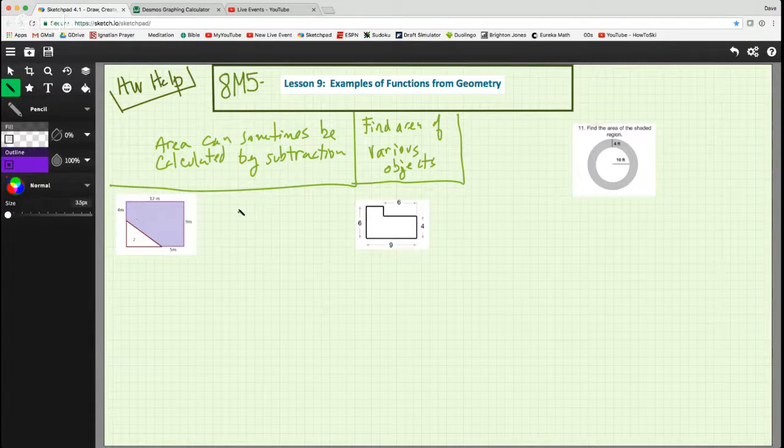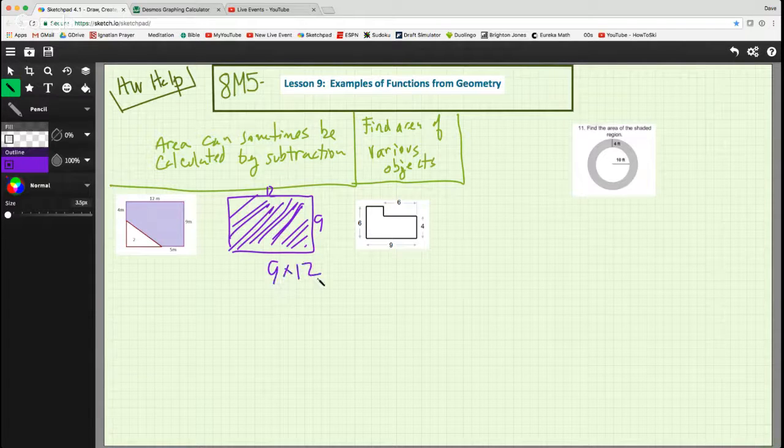So the idea here is if I just wanted to find the area of a big section like this, I'd have a big piece of cake. That piece of cake is going to be 9 by 12. Now, let's say that someone comes along on this 9 by 12 cake and chops off a corner piece like this.